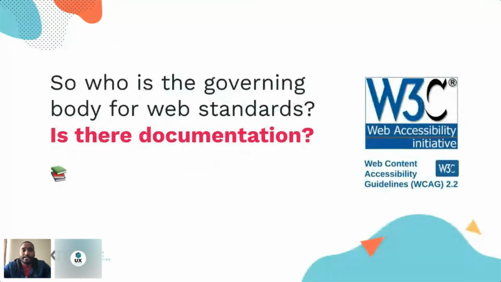The Web Accessibility Initiative brings together people from industry, disability organizations, government, and research labs around the world to develop guidelines and resources to help make the web accessible. According to WCAG, which stands for the Web Content Accessibility Guidelines, the top 1 million websites in 2021 have accessibility issues.